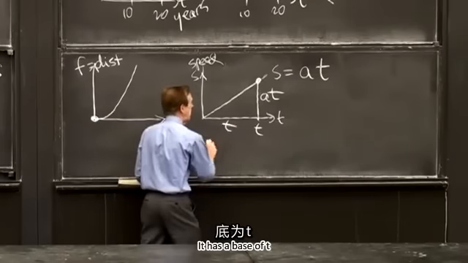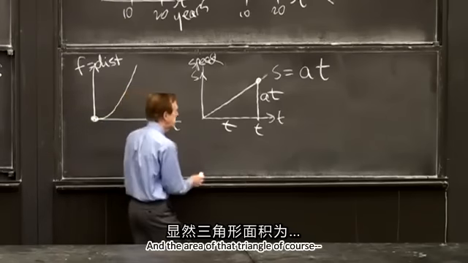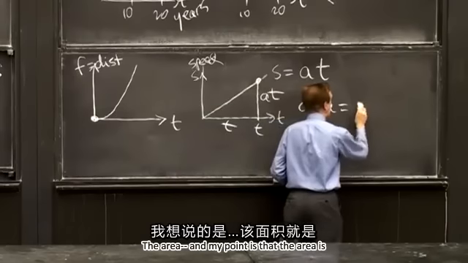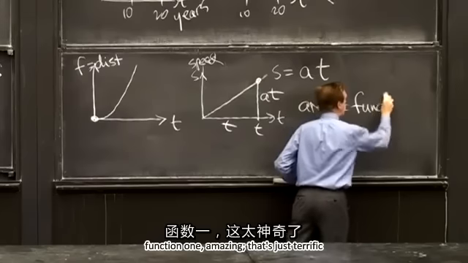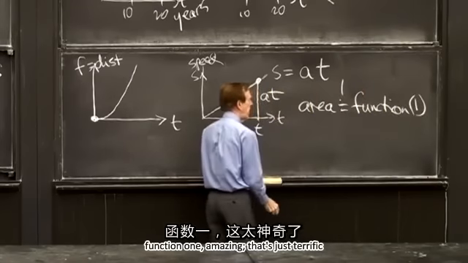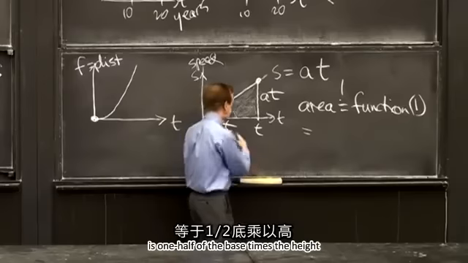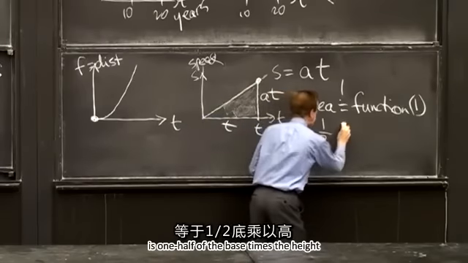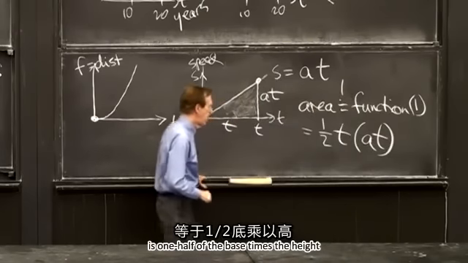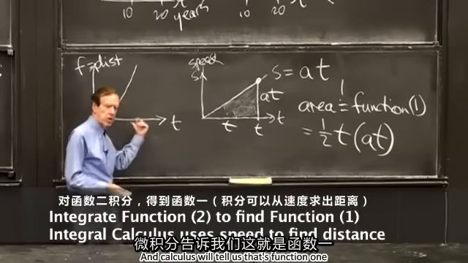It has a base of t, a height of at, and the area of a triangle is 1/2 of the base times the height. My point is that the area is function 1, amazing. That's just terrific, and calculus will tell us that's function 1.